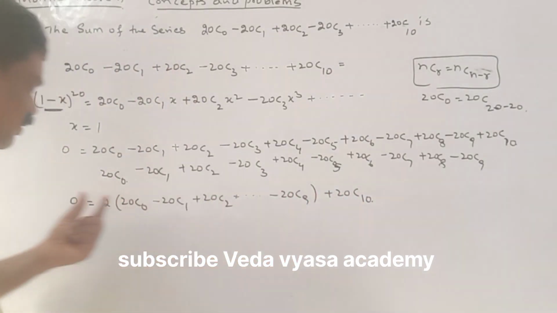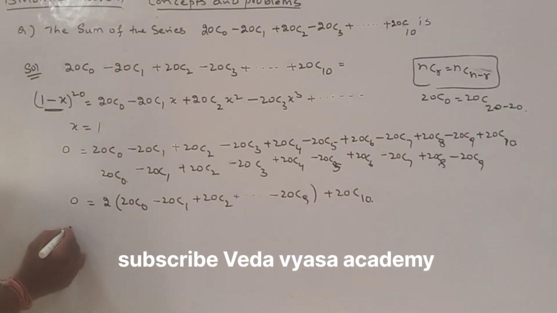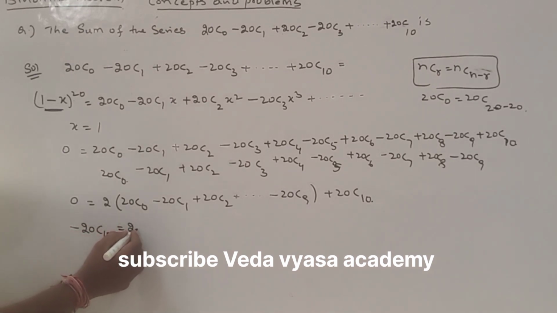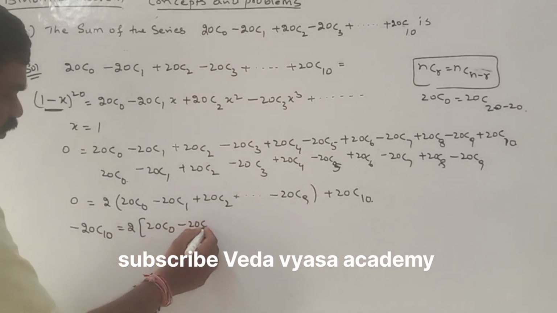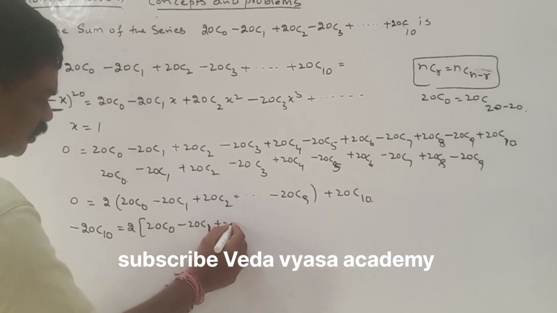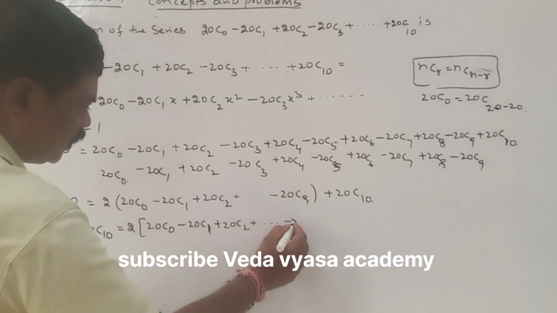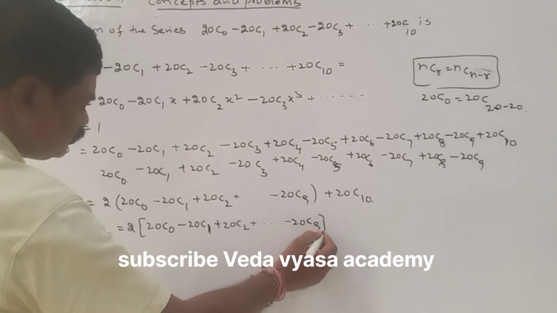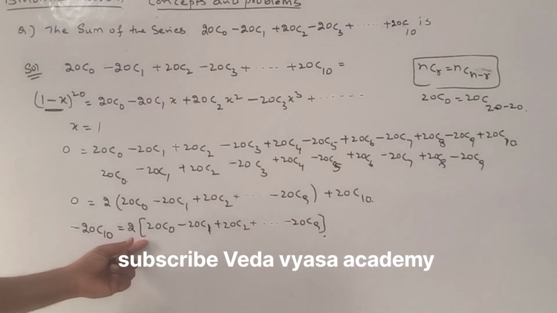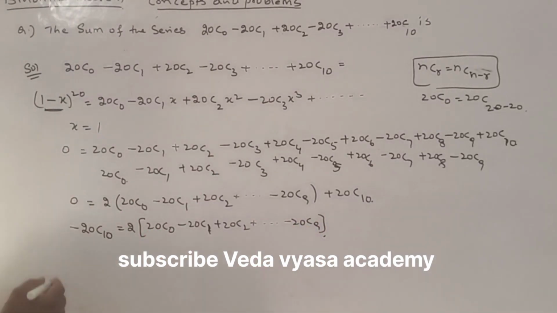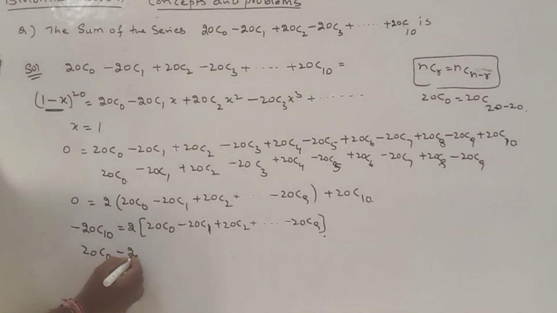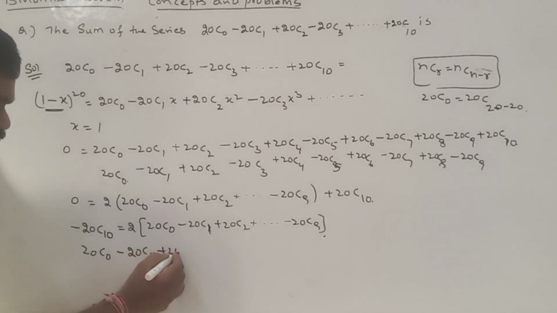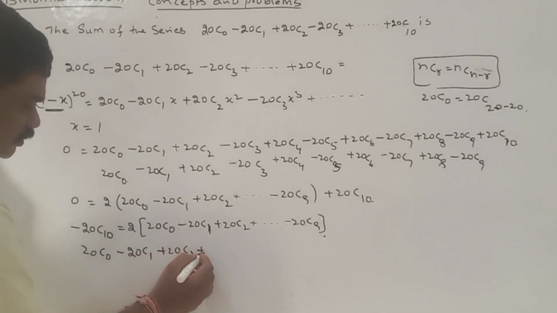You take this to this side: minus 20C10 equals 2 of 20C0 minus 20C1 plus 20C2 plus so on minus 20C9. So what is this value?